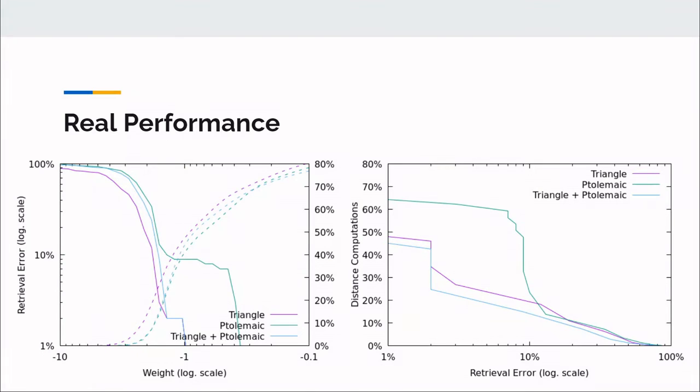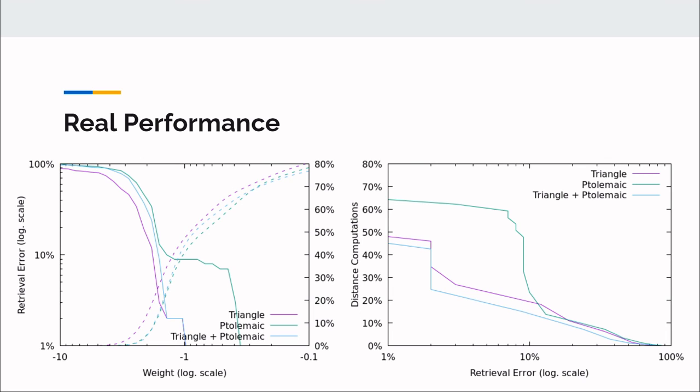Finally, the TriGen allows us to specify how much triangles can be broken, that is, not satisfy triangle inequality. Dependent on that parameter, represented as weight, we can show how the retrieval error and efficiency will behave. In the left figure, we can see retrieval error and efficiency based on weight. In the right figure, we can see efficiency based on retrieval error. For our experiments, we have worked with 3 lower bounds: triangle, purple, Ptolemaic, green, and a combination of both, blue.